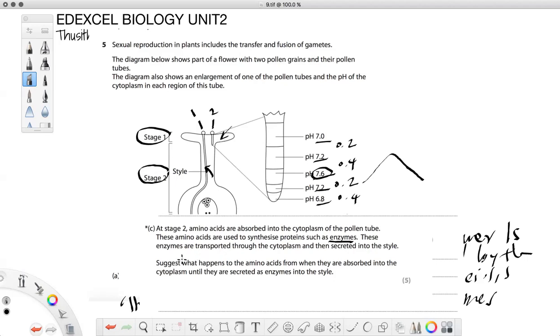Now this question asks to suggest what happened to the amino acid when they are absorbed into the cytoplasm until they are secreted as enzymes into the style.